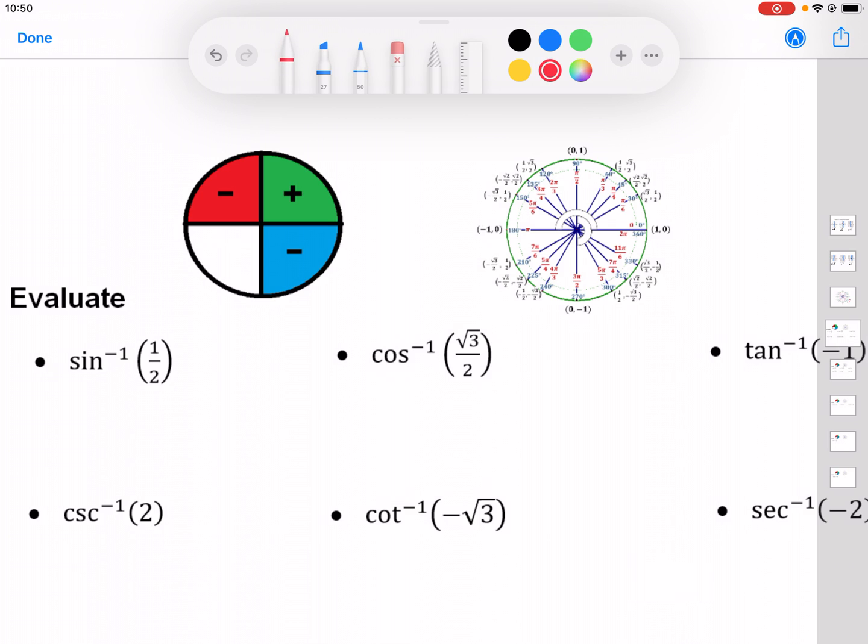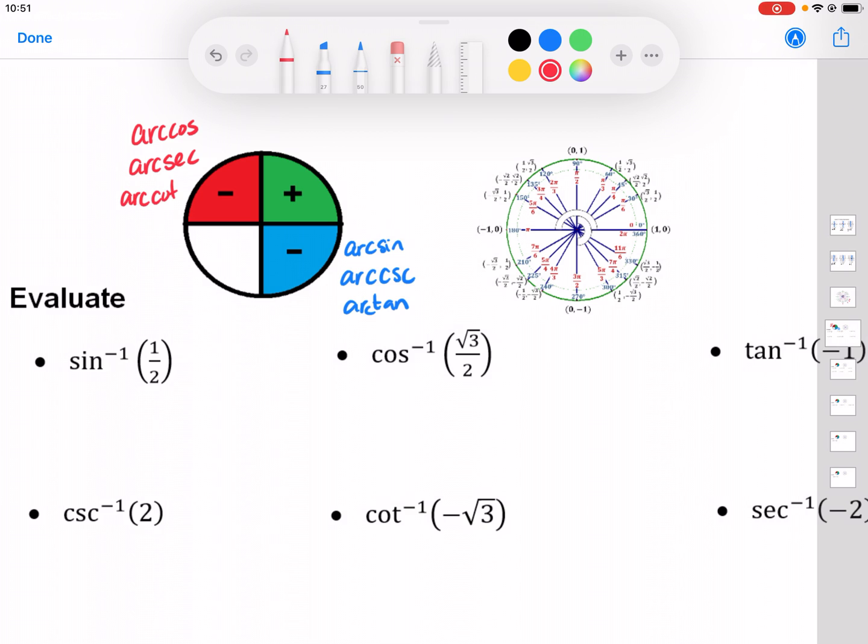And just a reminder, the fourth quadrant will be used if you are doing arc sine, arc cosecant, and arc tangent. And then the others, so arc cosine, arc secant, and arc cotangent.